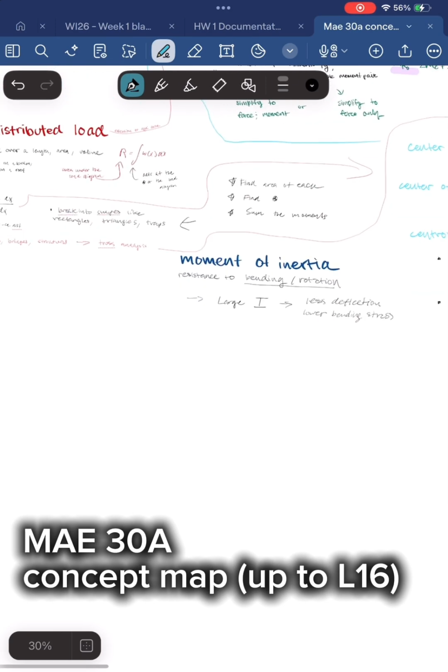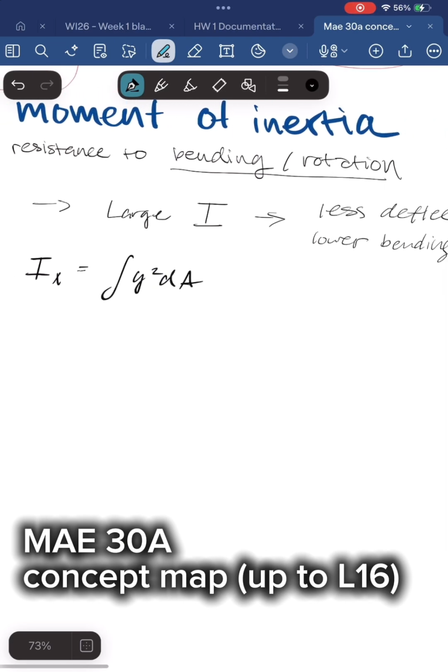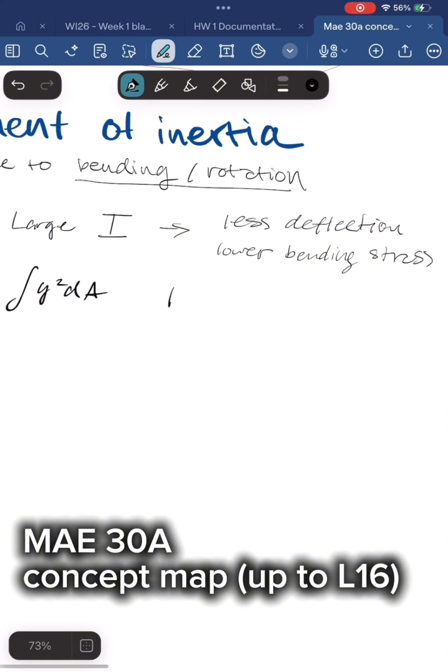And our equations for this: I_x is equal to the integral of y squared dA. I_y is equal to the integral of x squared dA.